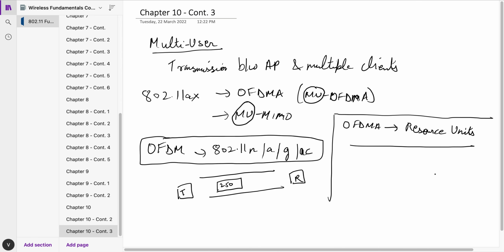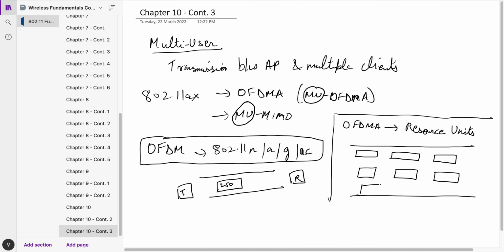So what I did was, I have this channel. Every channel will have some subcarriers that carry the data, carry the bits. Now this channel can be divided into multiple smaller channels called resource units, or baby channels called resource units.